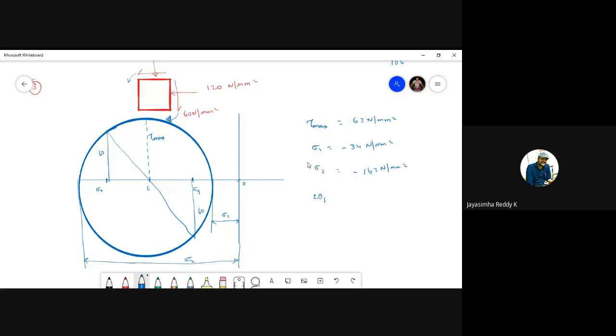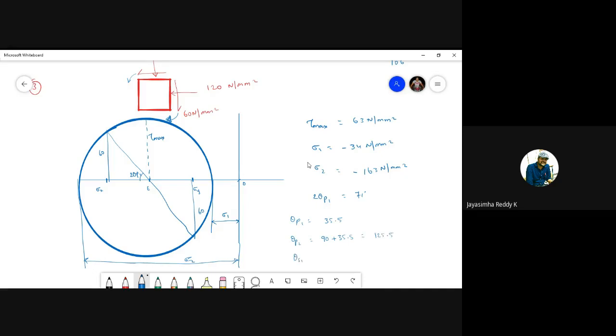And 2 theta p1, this angle is 2 theta p1 here. So 2 theta p1, I have got as 71 degrees. This implies theta p1 is equal to 35.5, and theta p2 is equal to 90 plus 35.5, which is equal to 125.5.